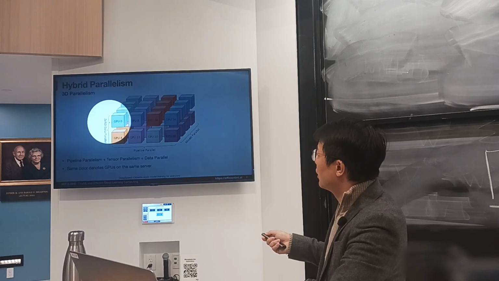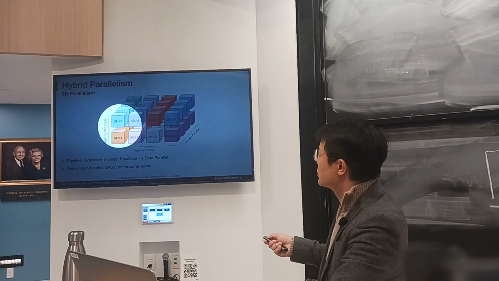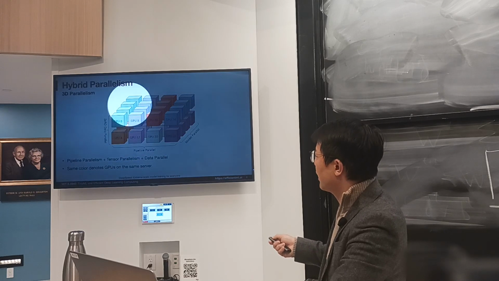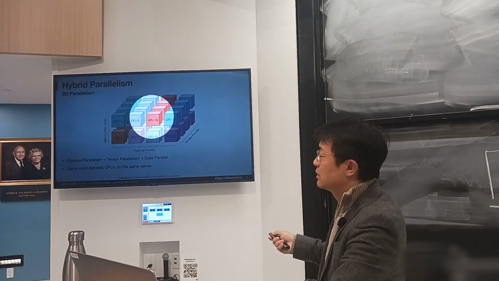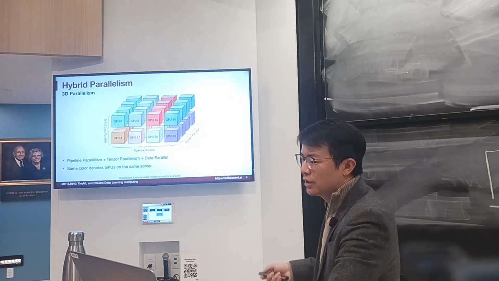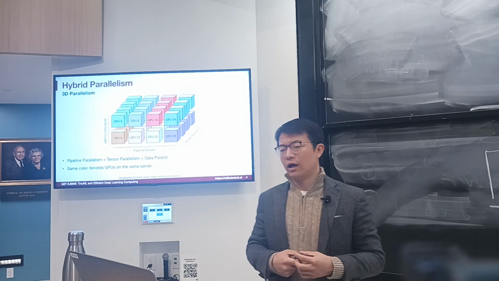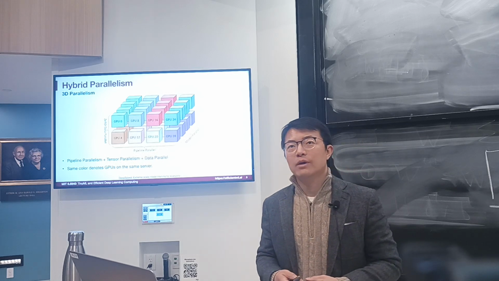Then we are doing ZeRO data parallelism in this dimension, and we are doing pipeline parallelism by splitting the layers in the vertical dimension. So that's 3D parallelism.